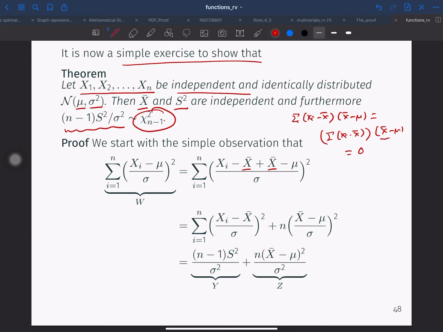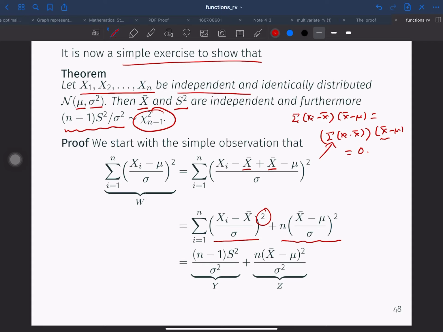So if you expand out this square, you get the summation of (xi minus x bar) squared divided by sigma squared, plus n times (x bar minus mu) squared divided by sigma squared, because the cross term is 0.